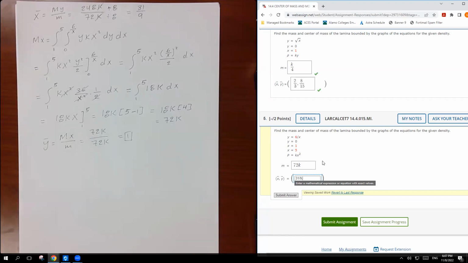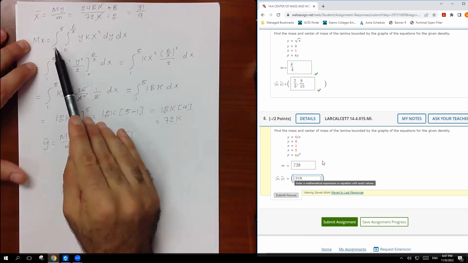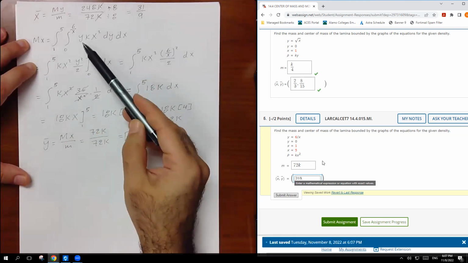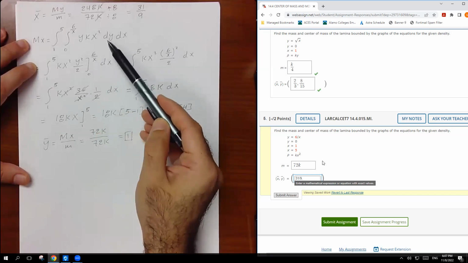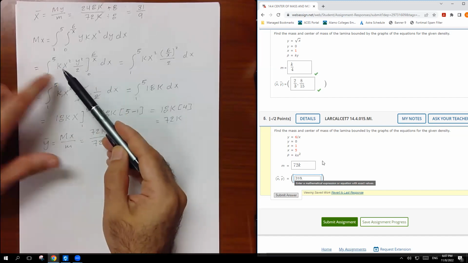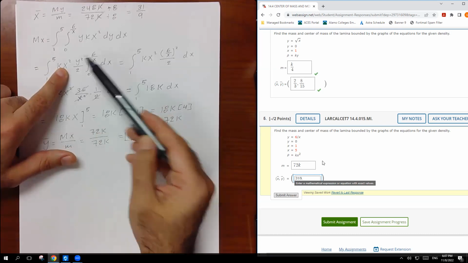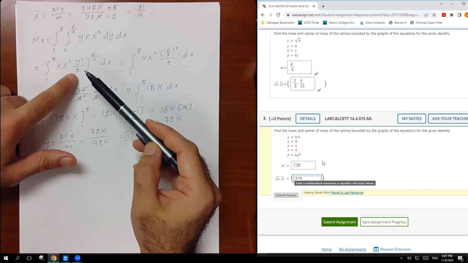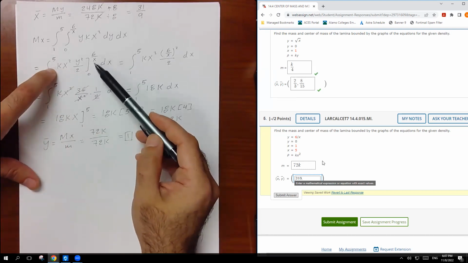Let's check the y bar. m sub x is going to be the integral from 1 to 5, from 0 to 6 over x, of y times kx squared. Find the integral with respect to y, so it's going to be y squared over 2, because kx squared is a constant. Be careful here: take kx squared over 2 out, so you don't confuse yourself when you plug in 6 over x.